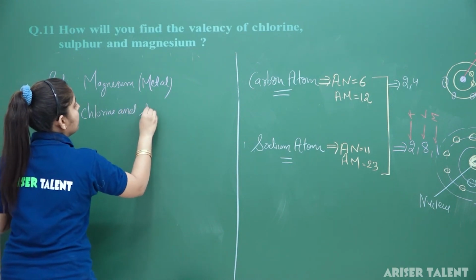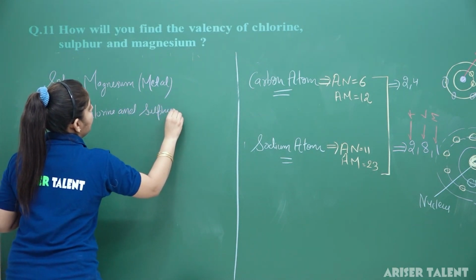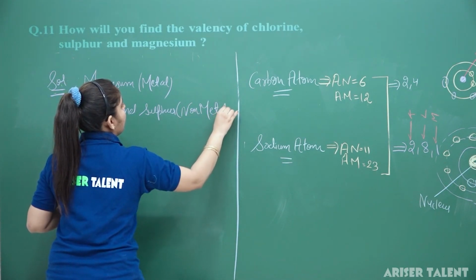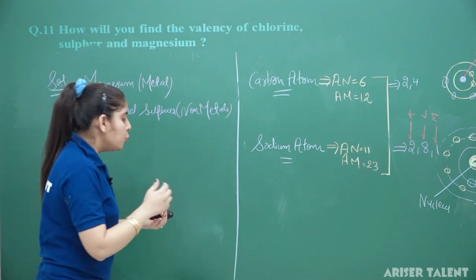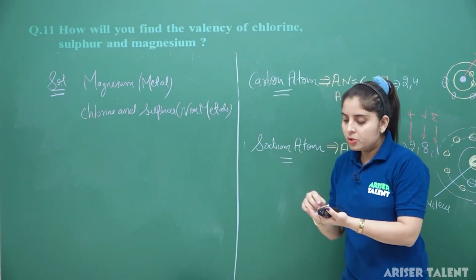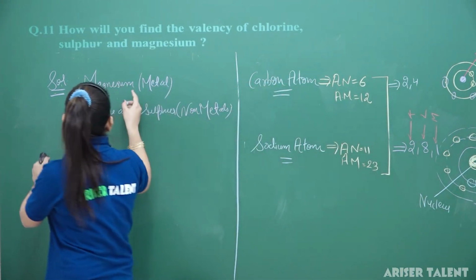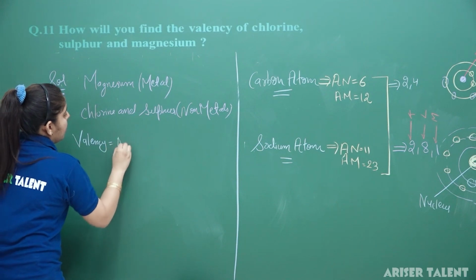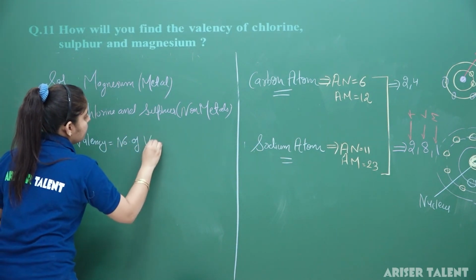Chlorine and sulfur are non-metals. So we have two formulas for calculating the valency. The valency for a metal will be the number of valence electrons.